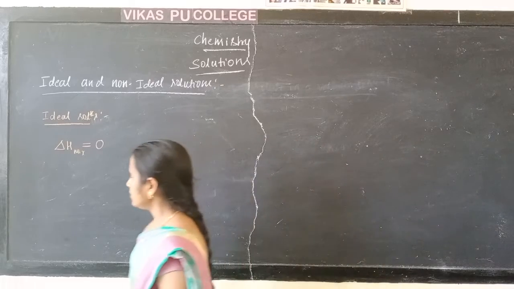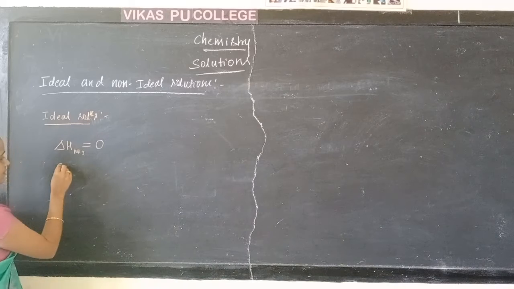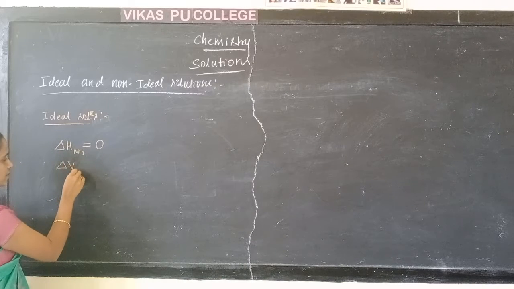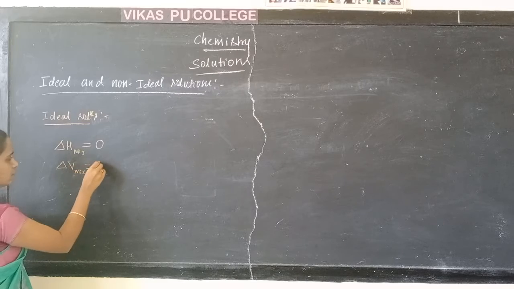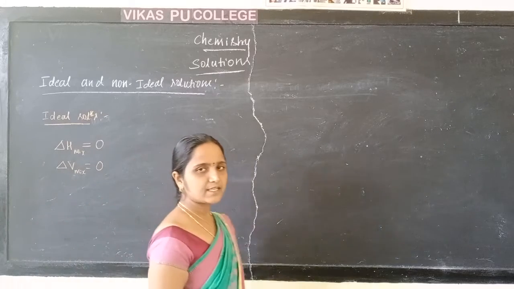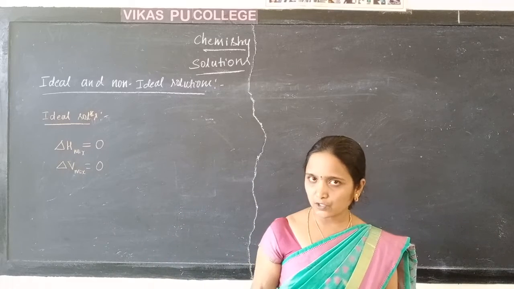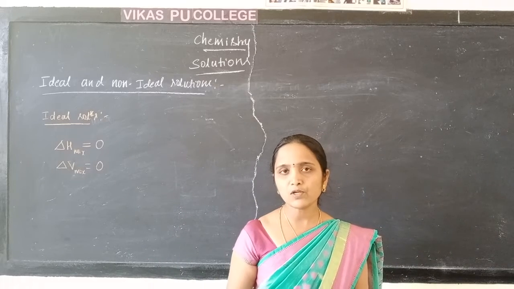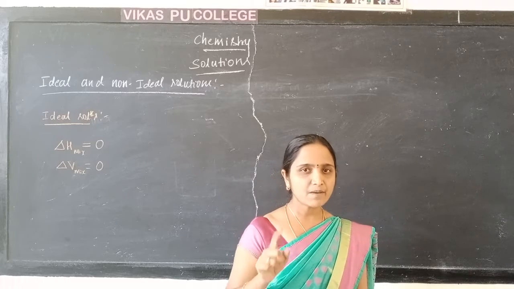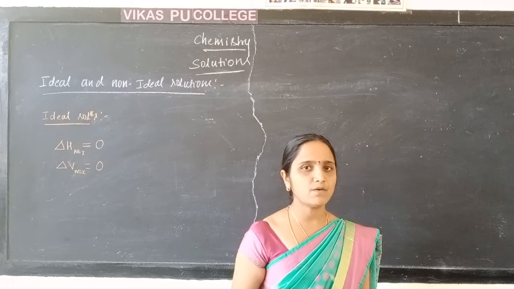Then the change in the volume of the mixture is equal to 0. What does it indicate? The volume of the solution is equal to the sum of the volumes of the two components.